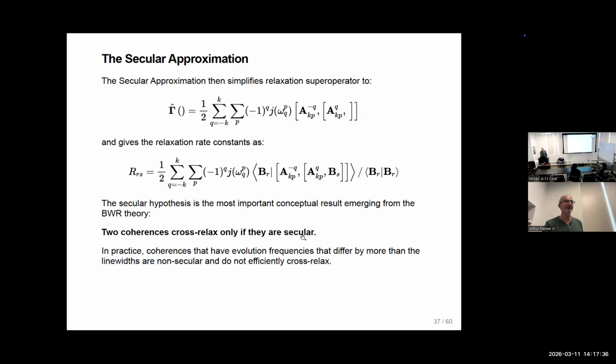And when they're not degenerate, that's non-secular, this language that came over from physics. So people would say two coherences cross-relax only if they're secular, but you can know that means they have the same eigenfrequencies. Most texts that you'll read, the P equal to P prime is done before the transformation out of the interaction frame.